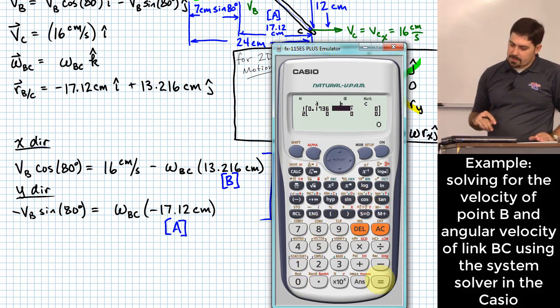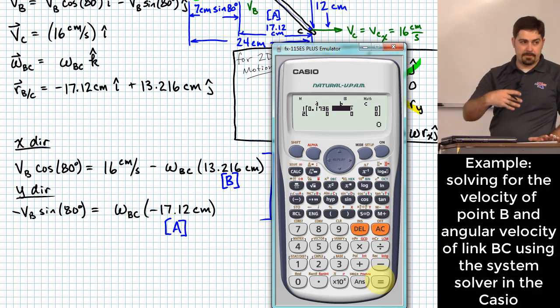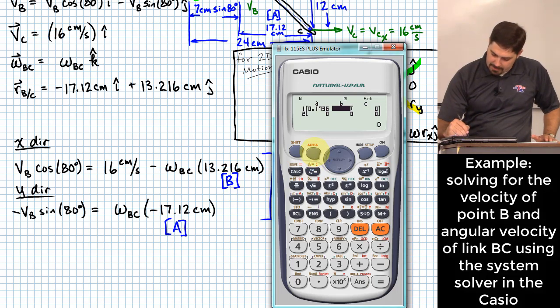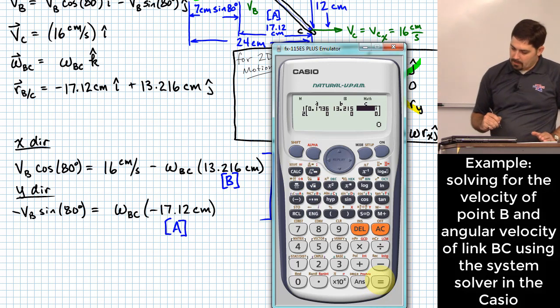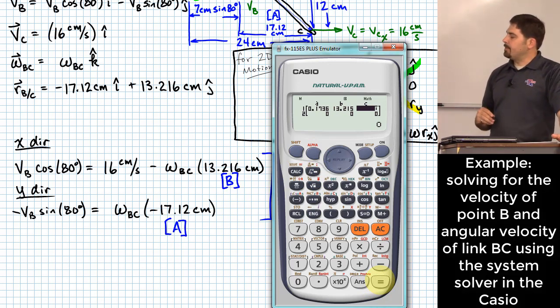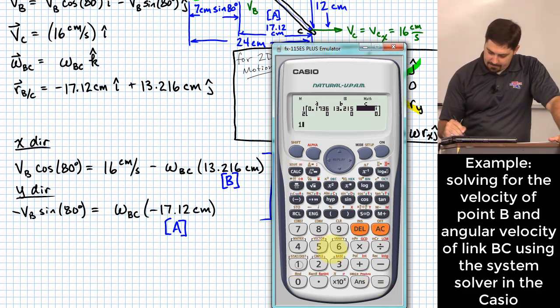Okay. For this other one, when I move it to the left side, that negative omega BC times 13.216 becomes positive. So I put in just 13.216, which is something that I have stored in B. All right. And then for my last term, it stays on the right side of the equation, so I just put in 16.